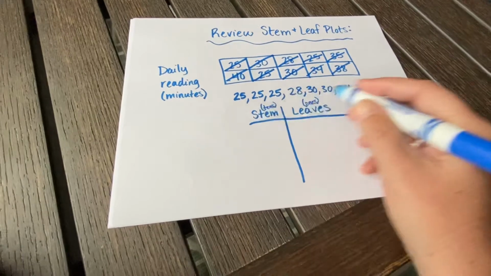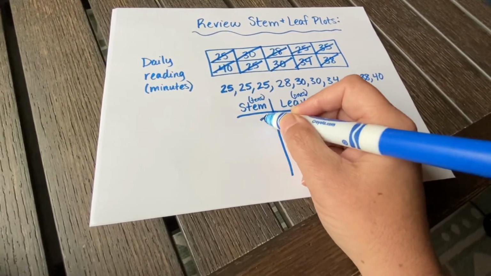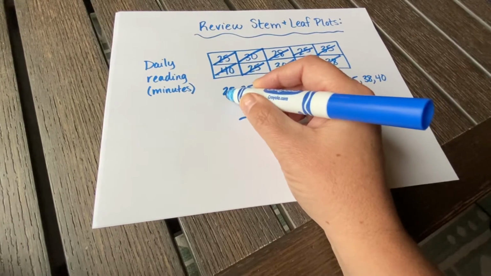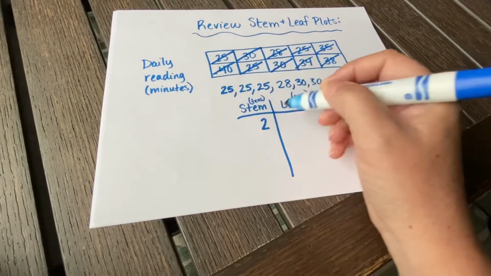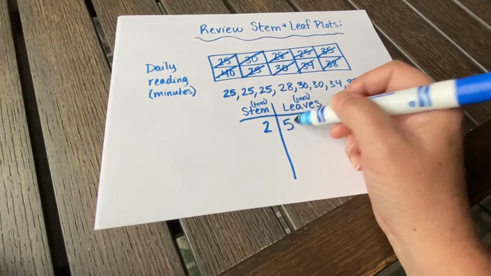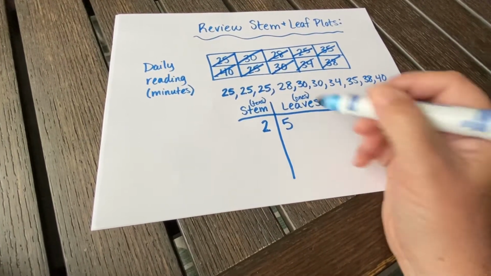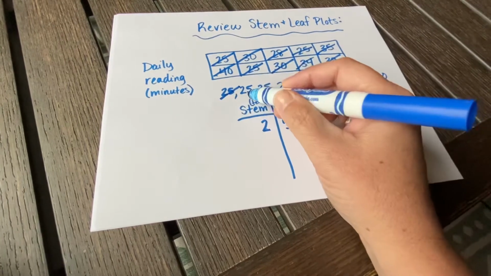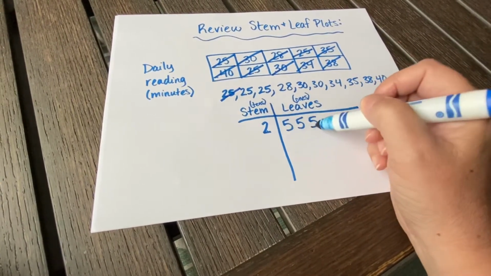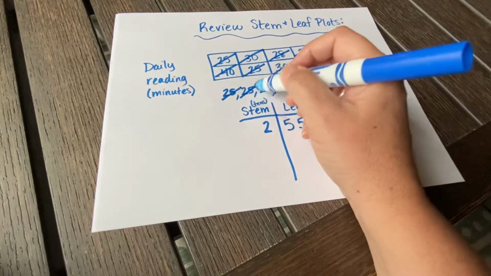Okay, so in order from least to greatest, I've got 25 minutes first, and so that means 25 has a 2 in the tens place and a 5 in the ones place. So I'm going to list 25 as 2 as the stem and 5 as the leaf. But I've got 2 more of those, so I need to list that leaf of 5 3 times.